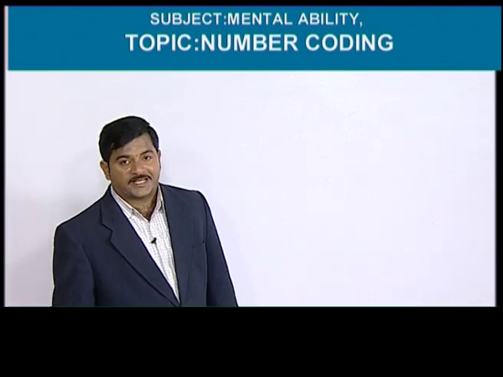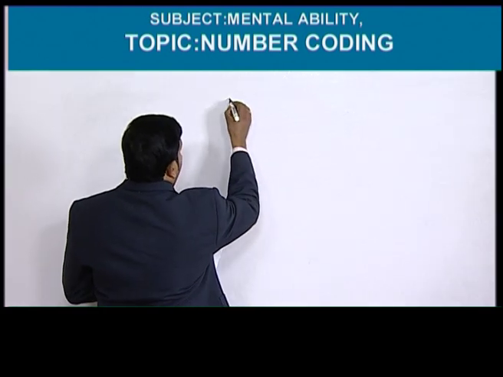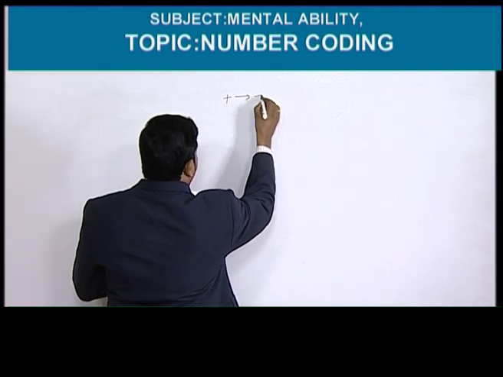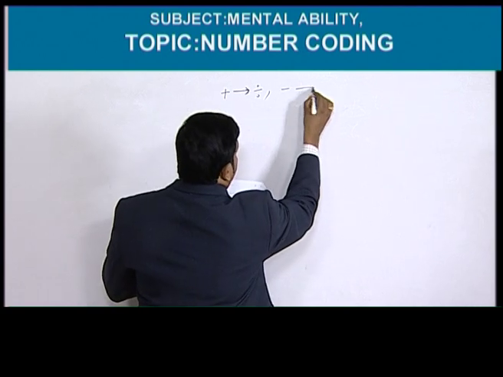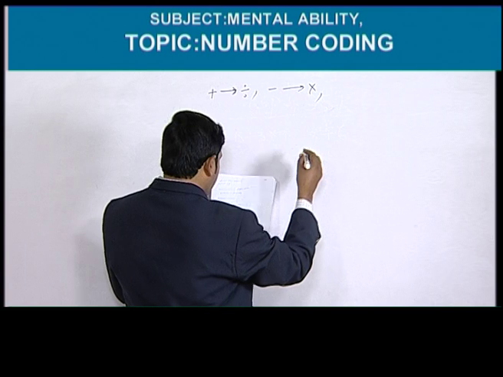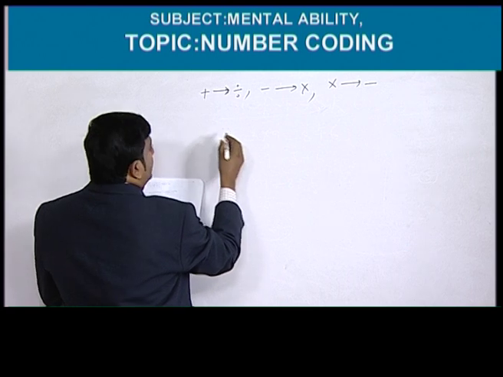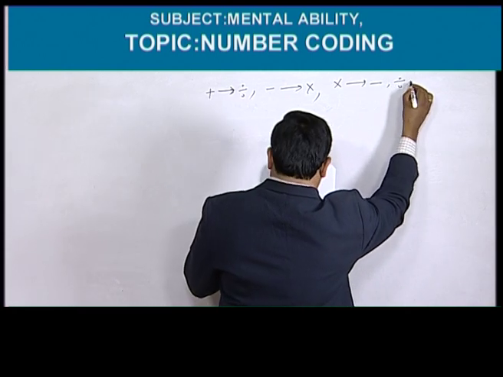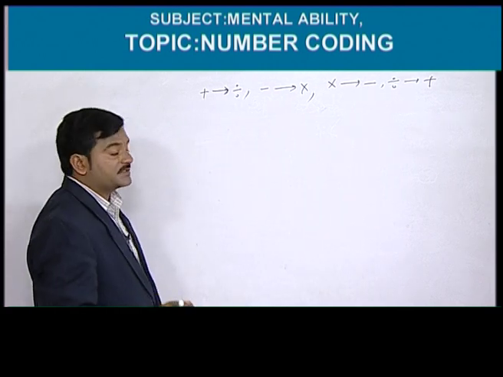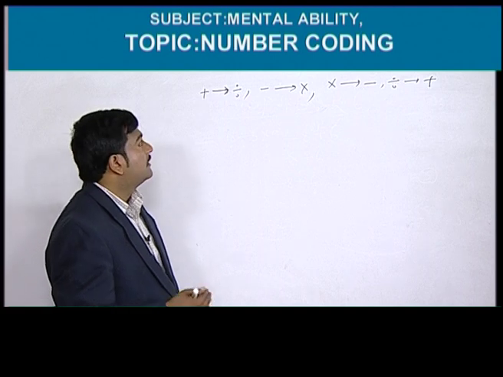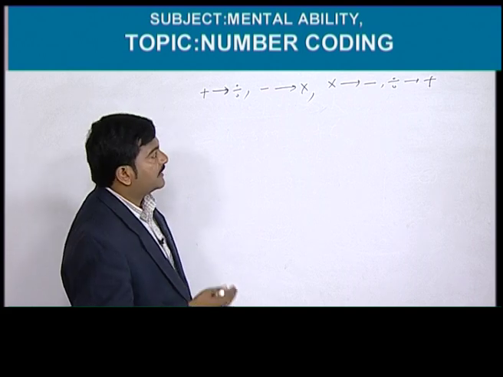Now we will discuss the second model in mathematical coding. For example, in a certain code language, plus means divided by, minus means into, into means minus, and finally divided by means plus.